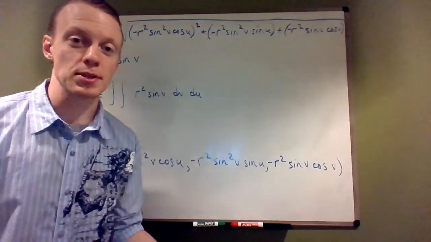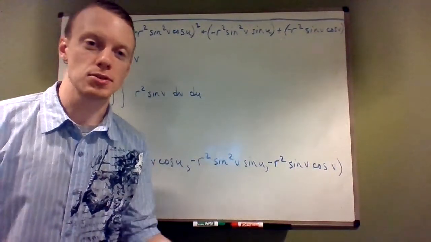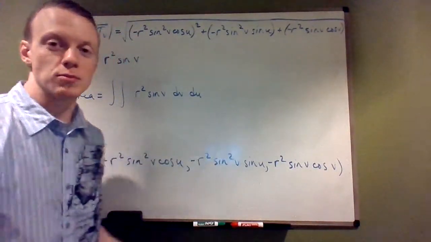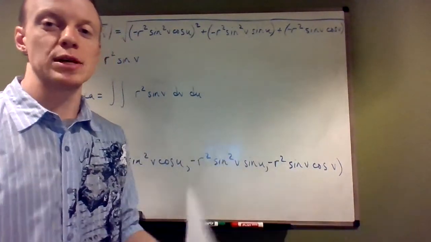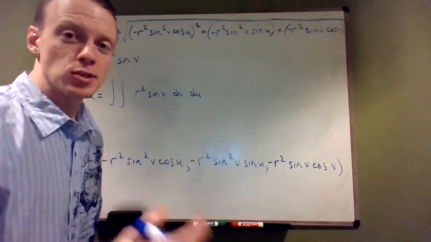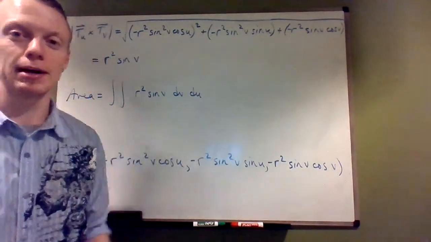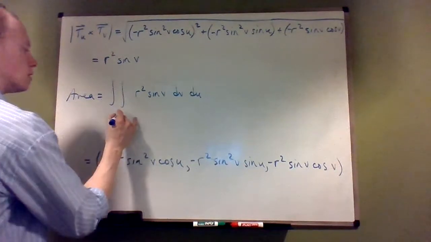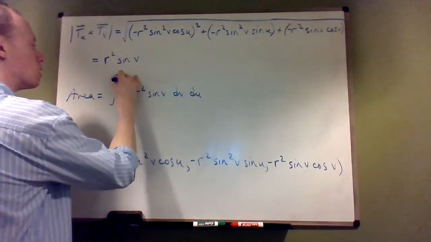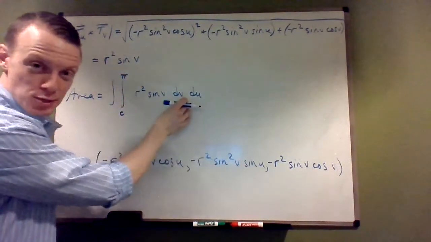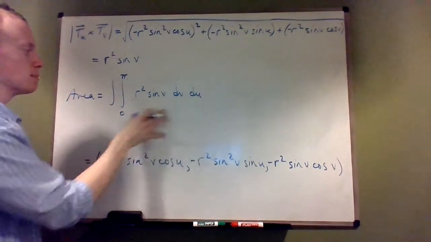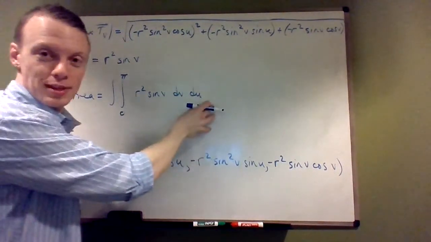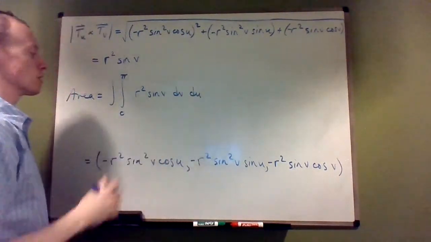Now, we specified our u and v bounds before. U went from 0 to 2 pi, v went from 0 to pi. So make sure that you place the proper bounds on the proper integral. Inside matching with inside, these should be our v bounds there, and outside matching with outside, on the outside should be our u bounds.